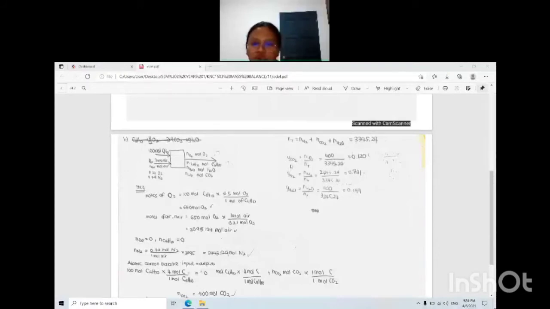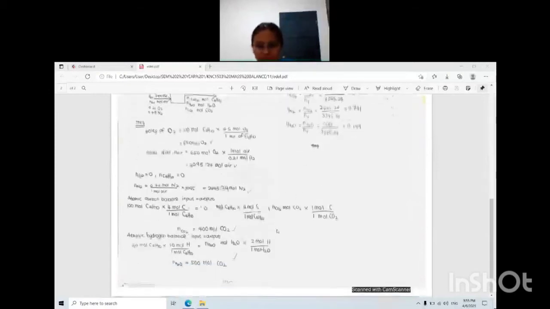So number of mole of carbon dioxide over number of mole of the total of the 3 unknown. Then we get 0.120 for carbon dioxide, 0.731 for nitrogen gas, and then 0.149 for water. So that's all from me.